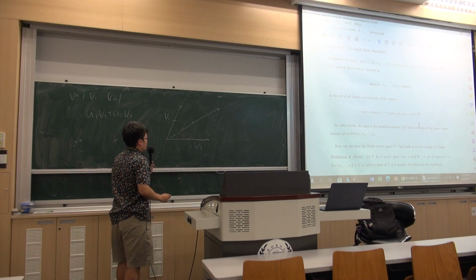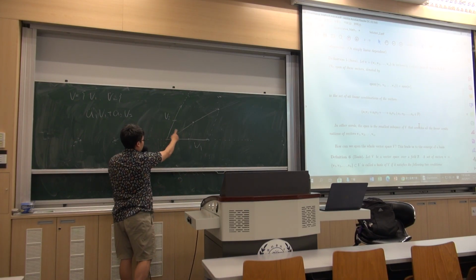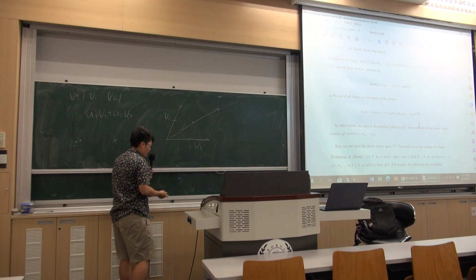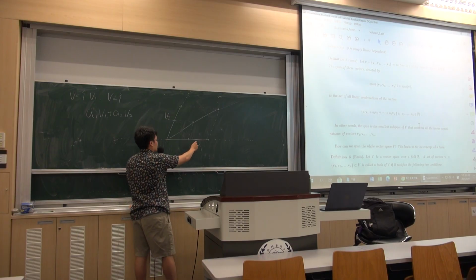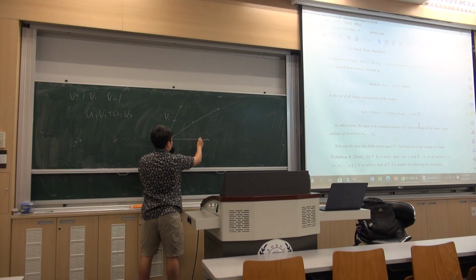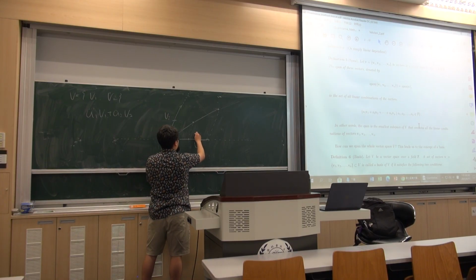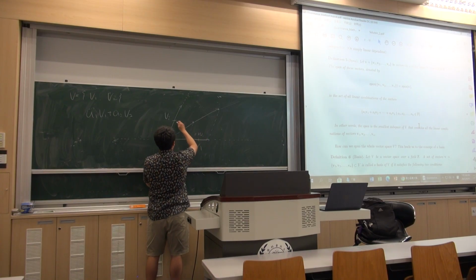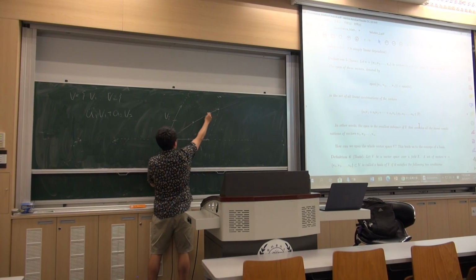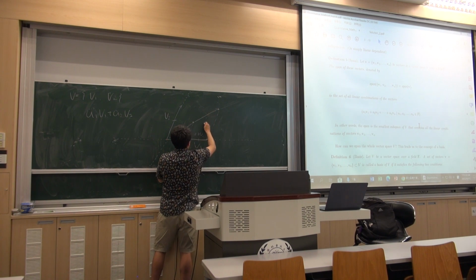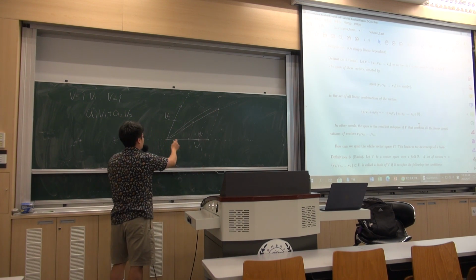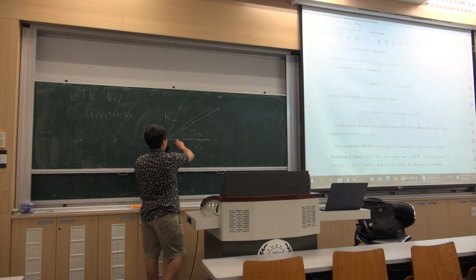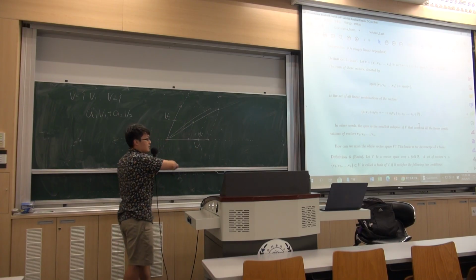Okay. And you change the number of A as well. For example, 0.8 v1 and v2. So that will give this one. If you continue to do it, you will figure out that actually it's the whole plane.